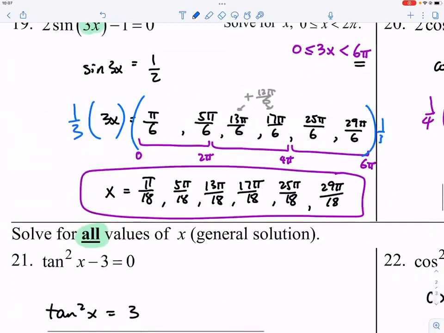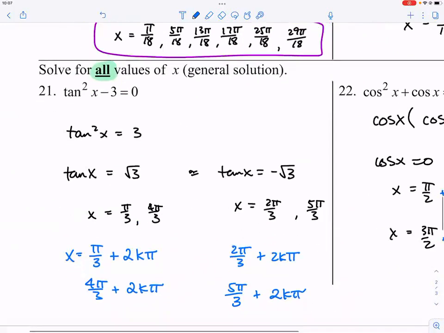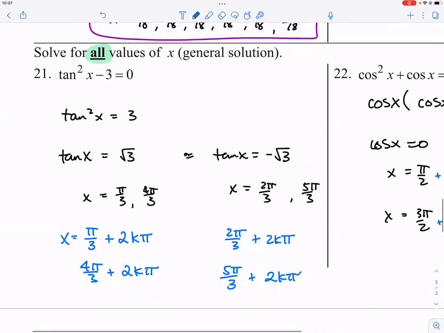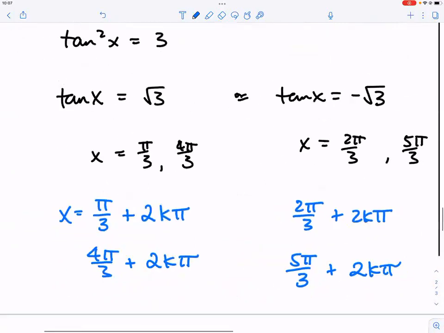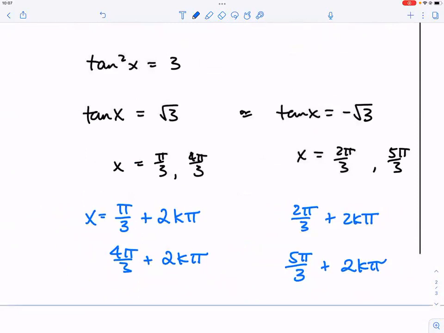And then the last one is that instead of telling you to find values from 0 to 2 pi, we say please find all the values. In this case, we will have to use the 2k pi to describe that you will have the solution every single revolution. Okay.